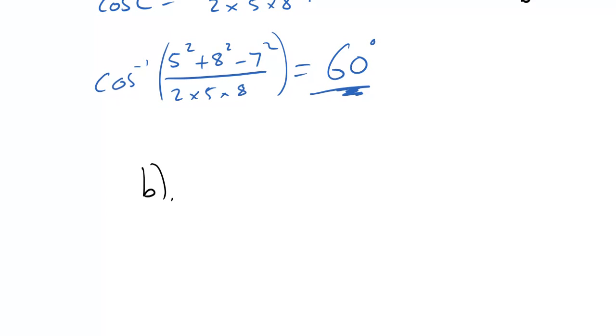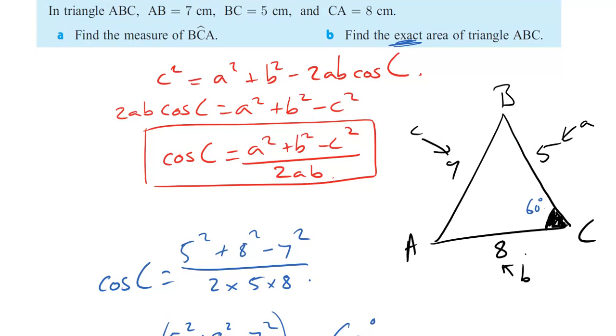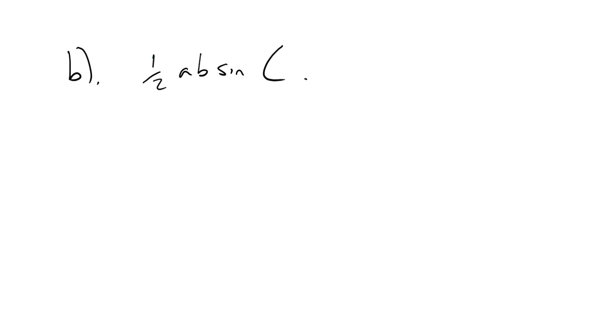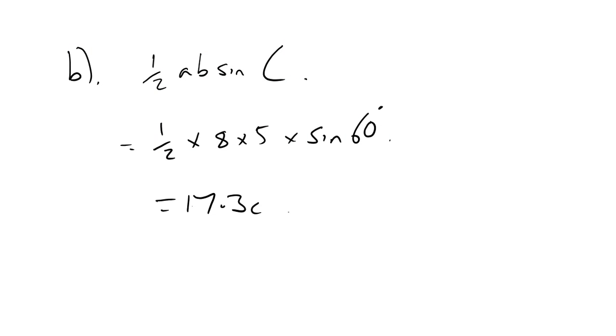If we are going back to this question, we're going to use the formula for area: half times a times b times sine of C. And we can use the same labeling that we have in this triangle here because we have angle C. So this will be a half times 8 times 5 times sine of 60 degrees, and that is going to be 17.3 centimeters squared.